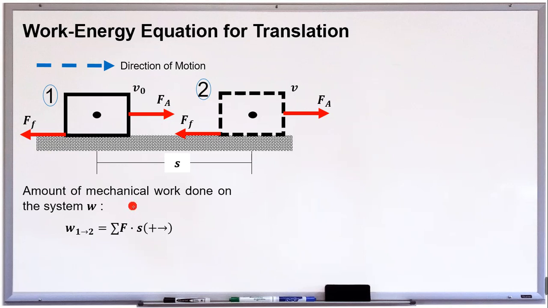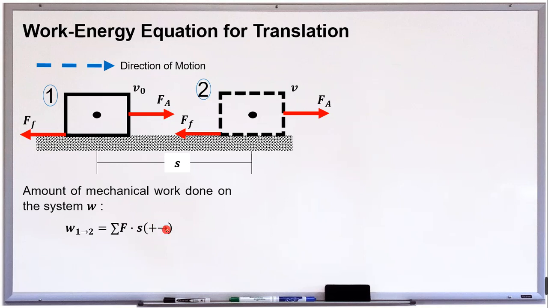So the sign only means that if we have a positive work, the work is done on the system. But if we have a negative work, this force does not help the object from moving from one position to the other. So the negative work will decrease the energy that is available on the system. That is why if we have a negative work, the velocity of the object will decrease.